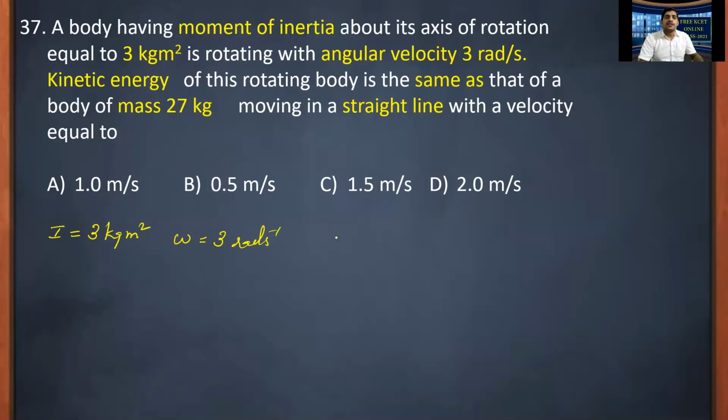Now, the kinetic energy of the rotating body is same as that of a body of mass 27 kg moving in a straight line with a velocity equal to... Say imagine something is rotating, say a disc or ring, it has some moment of inertia and angular frequency.